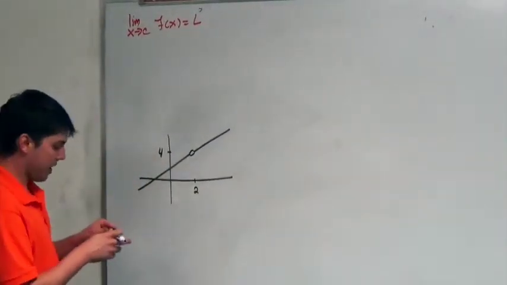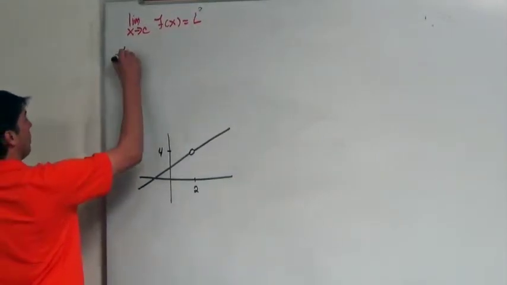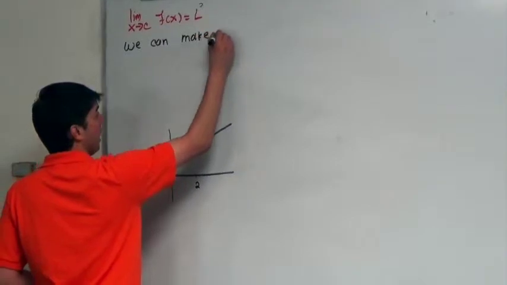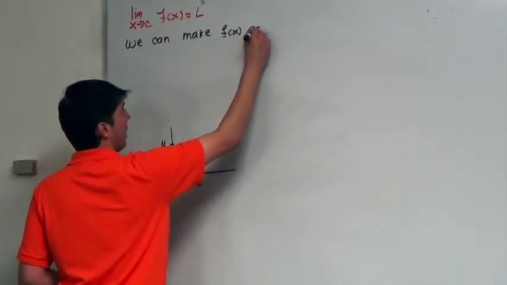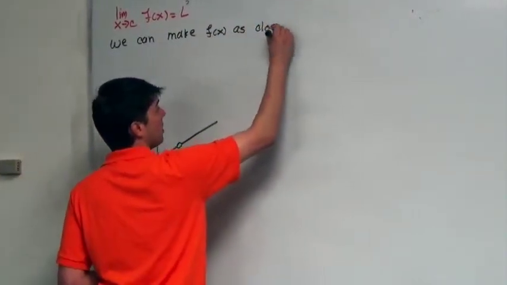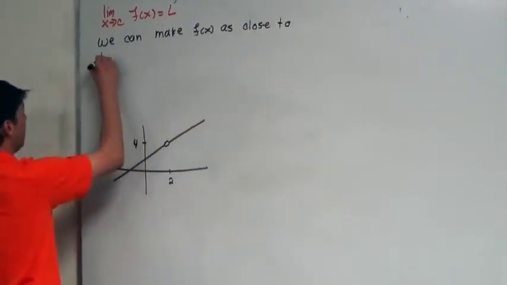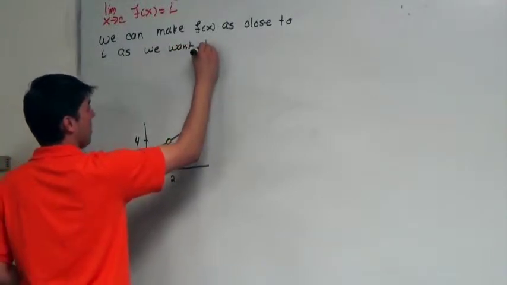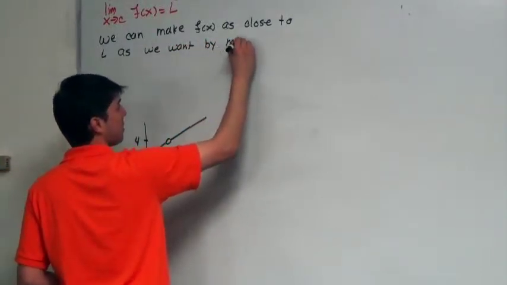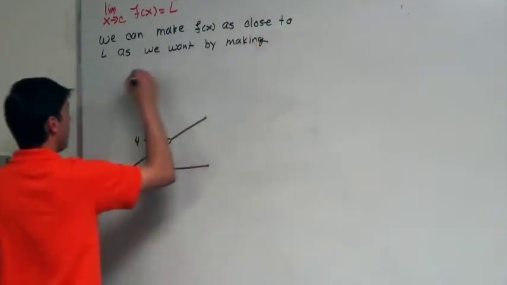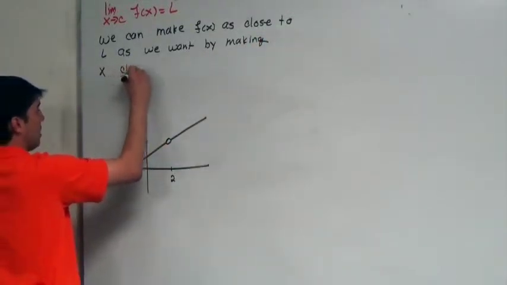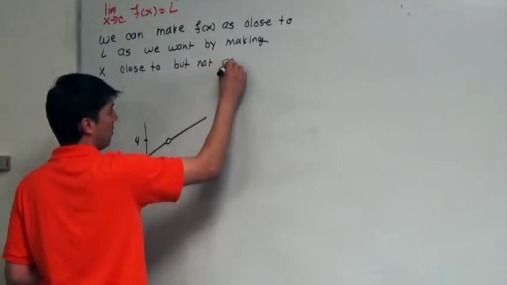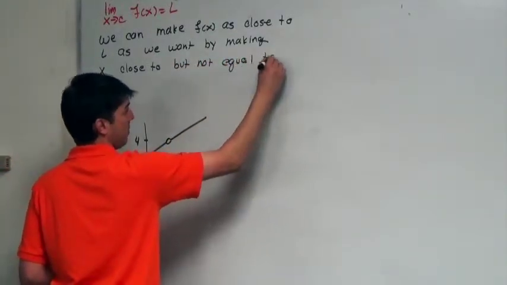What this means is that we can make f of x as close to L as we want by making x close to but not equal to c.